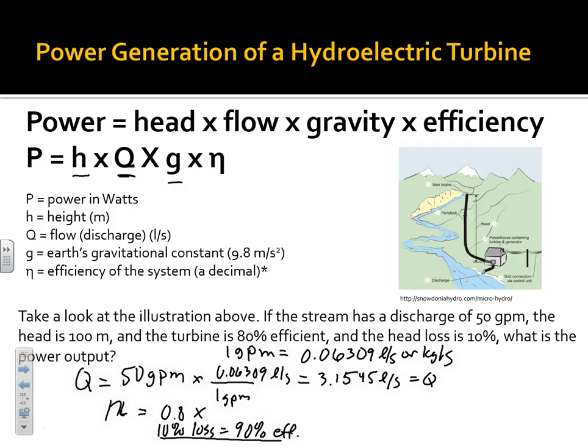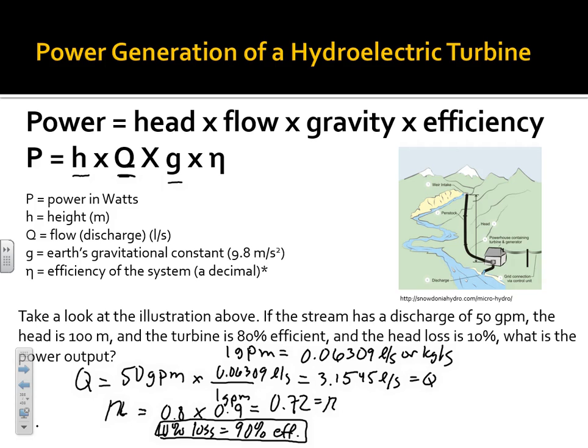Hopefully that makes sense. So 90% efficiency is a factor of 0.9. So the overall efficiency, the net efficiency, is just 0.8 times 0.9, which gives us 0.72. Okay, so that's the overall efficiency.